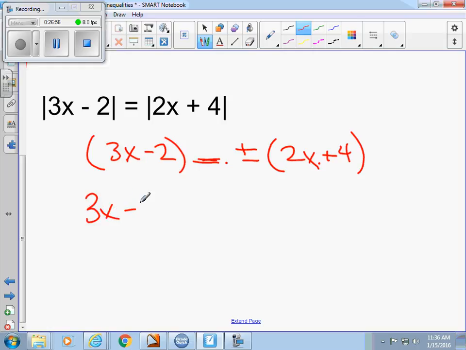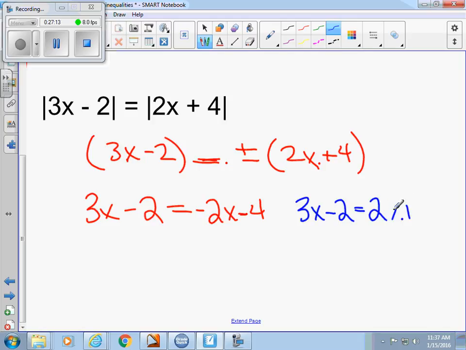Be careful, make sure you distribute that negative. So I get negative 2x minus 4 as one of my equations, and then my other equation as 3x minus 2 equals 2x plus 4. Solve both equations.